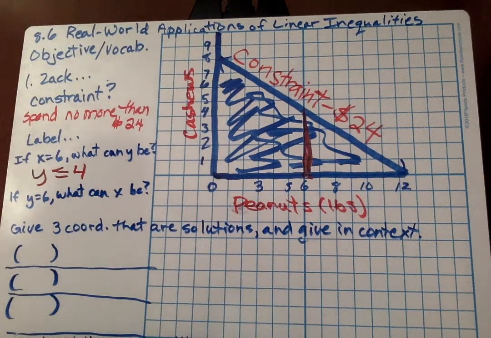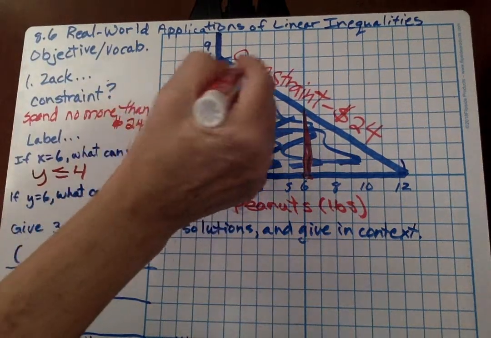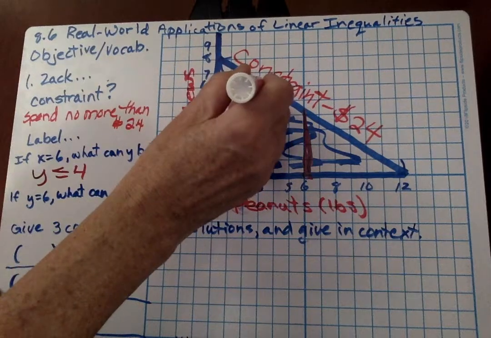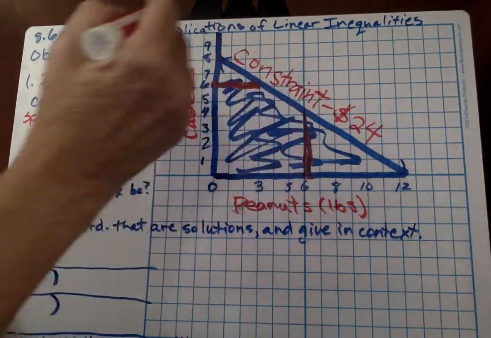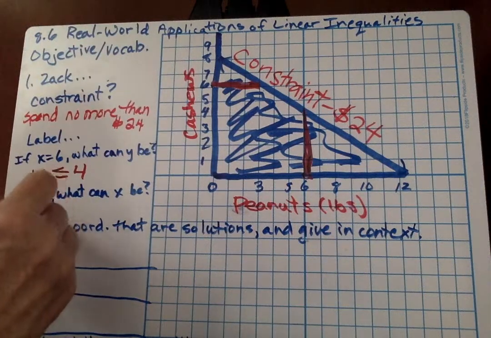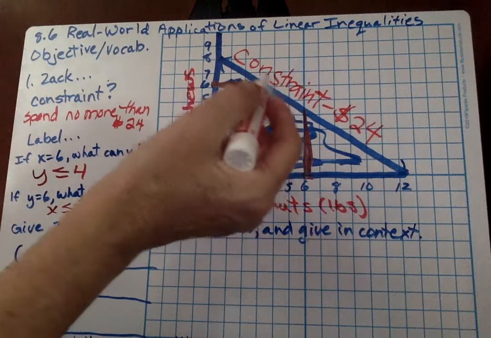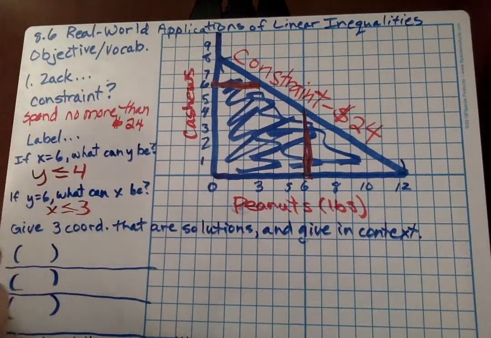If Y is 6, what's the constraint on X? So Y is 6. Then it's going to be this constraint, and that's going to be X less than or equal to 3. So you could have 3 pounds, 2 pounds, 1 pound, half a pound. Anything in there is what X can be.